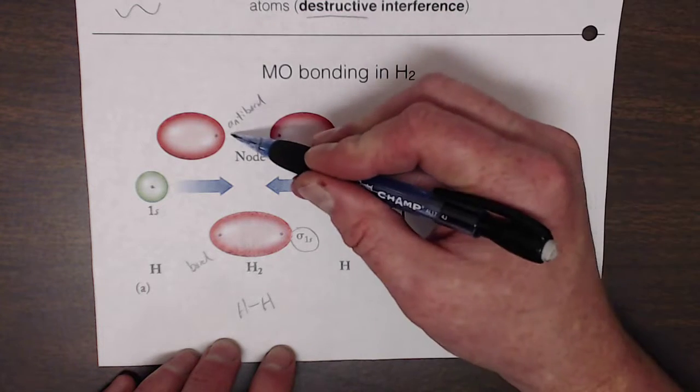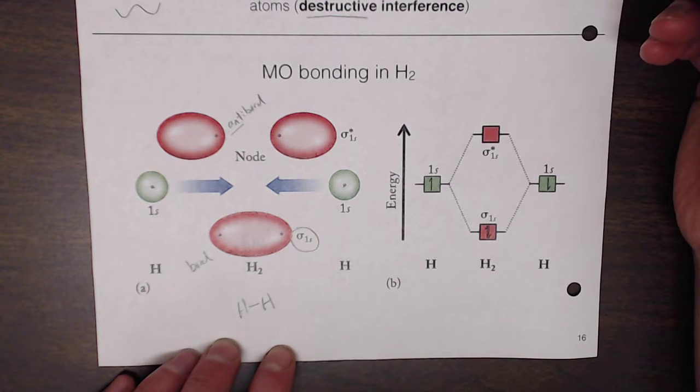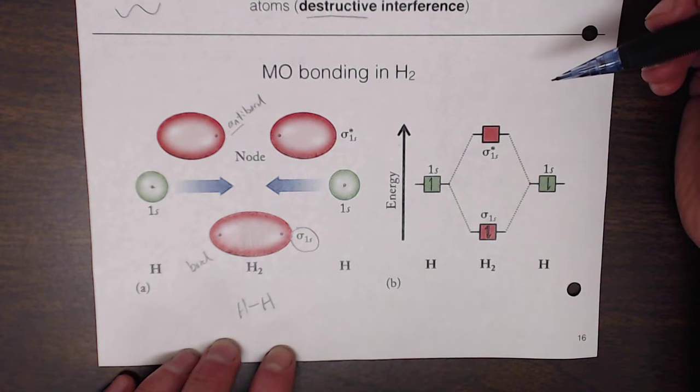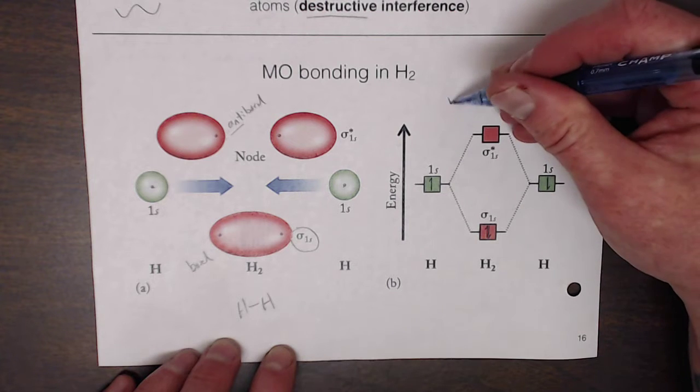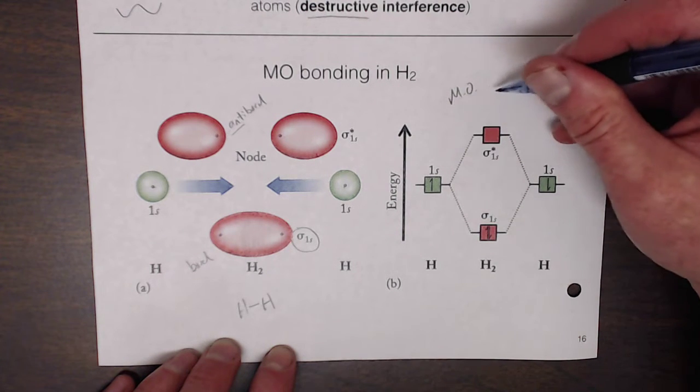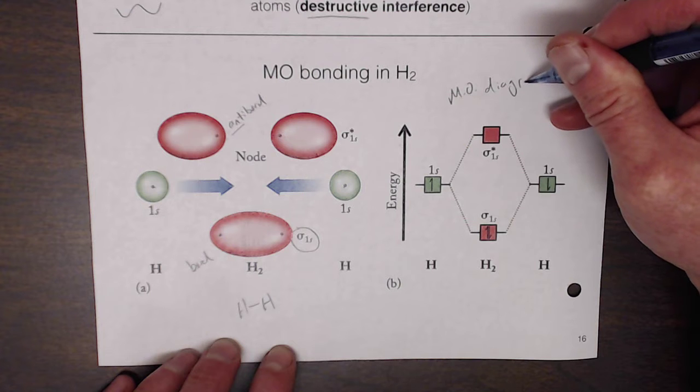So that's why we call it an anti-bond. Okay? And so if we were to put this together in a diagram, the same way we did electron orbital diagrams, or I should say atomic orbital diagrams rather, we can put together an MO diagram, a molecular orbital diagram.